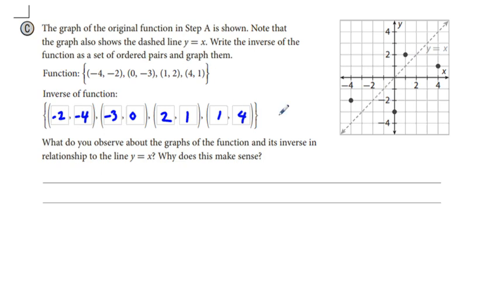Now I'm going to put it in blue, just to color coordinate. (-2, -4), there's that one. (-3, 0). (2, 1). And finally, the point (1, 4), so we go 1 to the right, up 4.